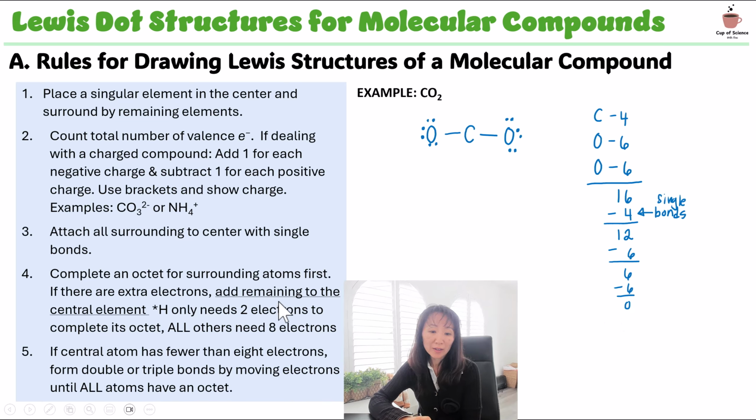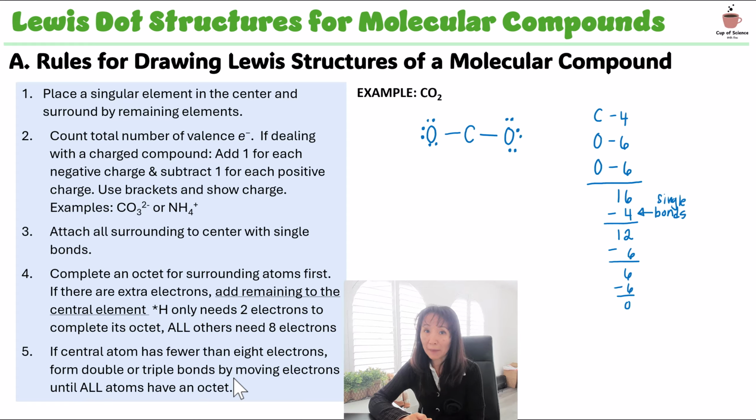We're not quite done yet. This is because of rule number 5: if the central atom has fewer than 8 electrons, and in this case right now we only have 4 electrons, it says form double or triple bonds by moving electrons until all atoms have an octet.